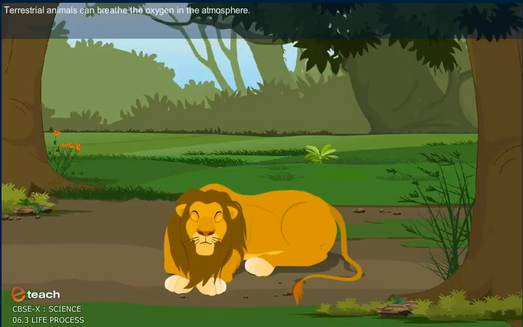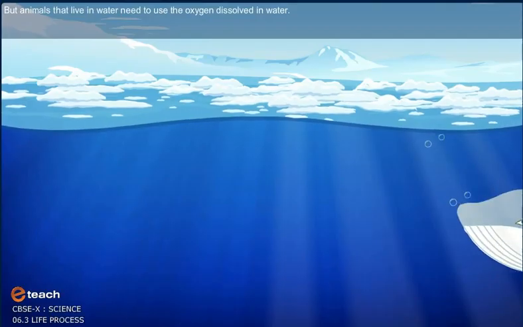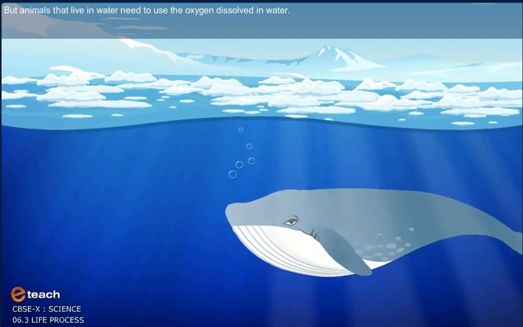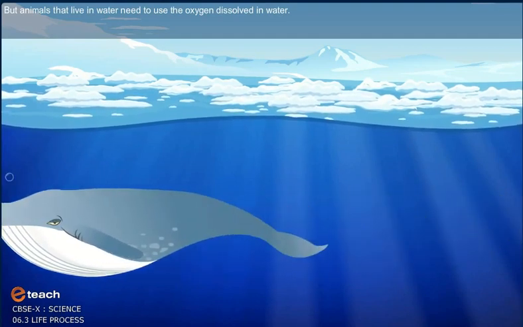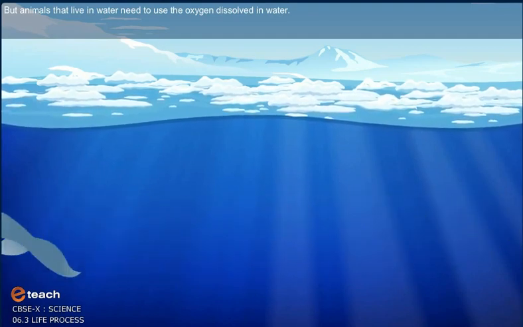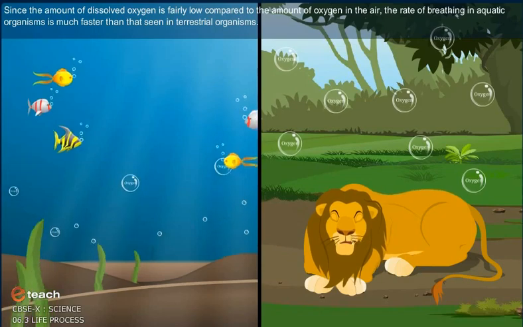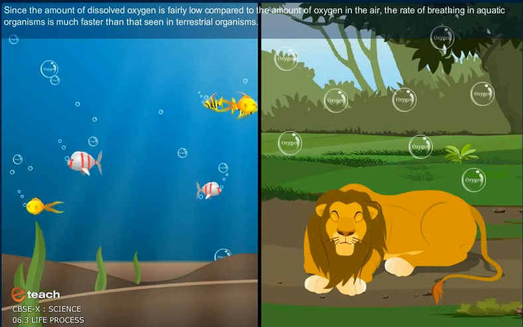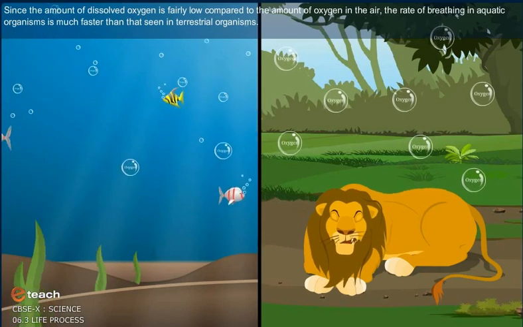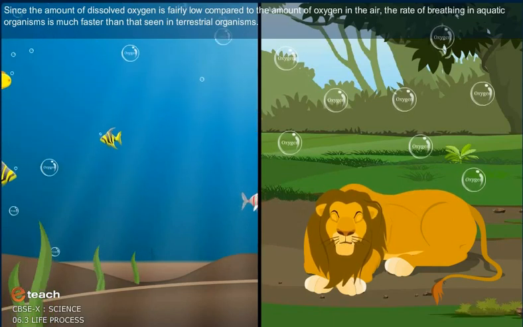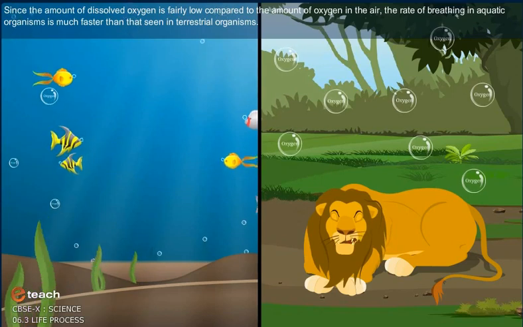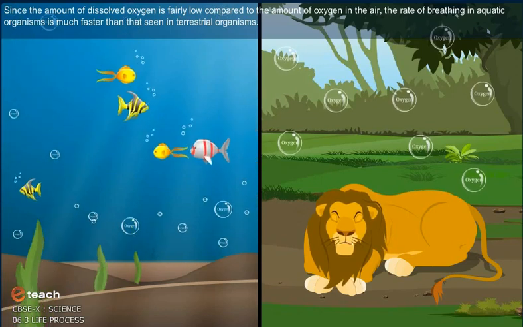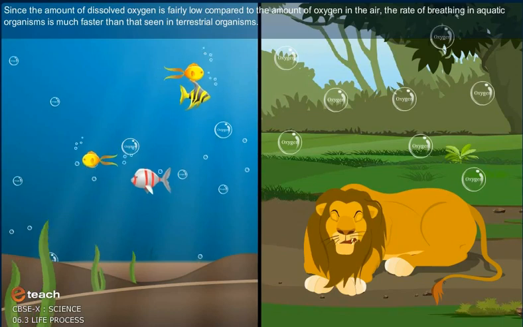Terrestrial animals can breathe the oxygen in the atmosphere, but animals that live in water need to use the oxygen dissolved in water. Since the amount of dissolved oxygen is fairly low compared to the amount of oxygen in the air, the rate of breathing in aquatic organisms is much faster than that seen in terrestrial organisms.